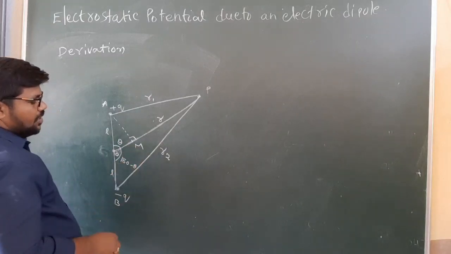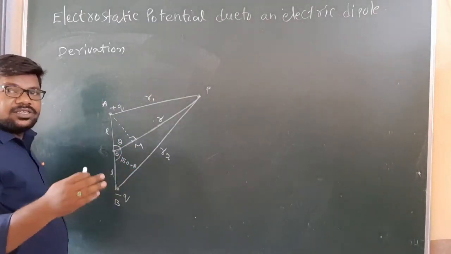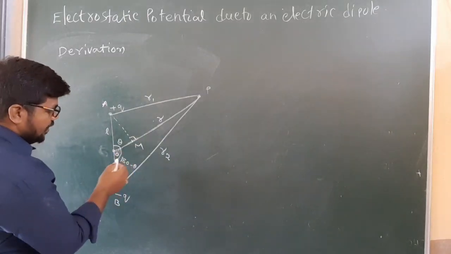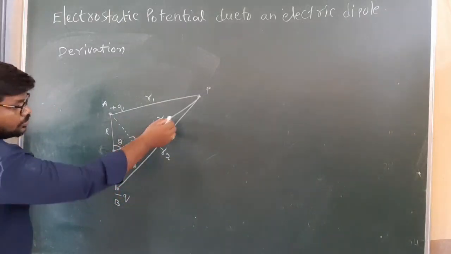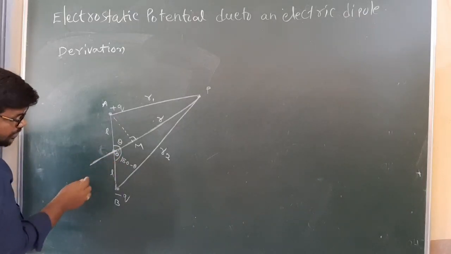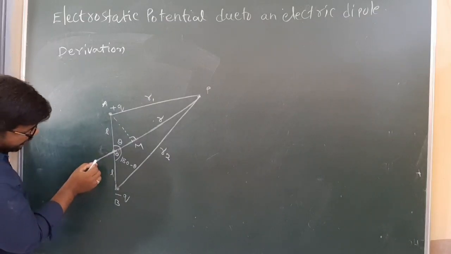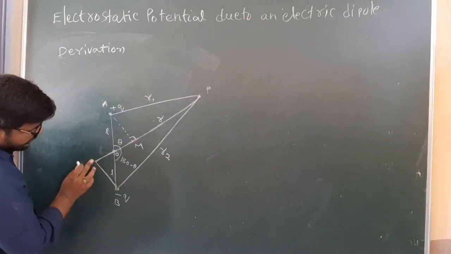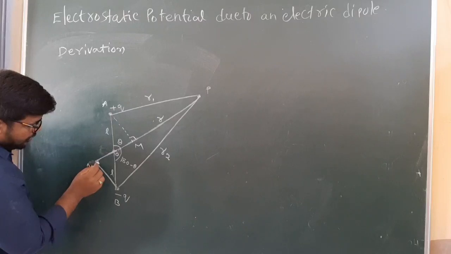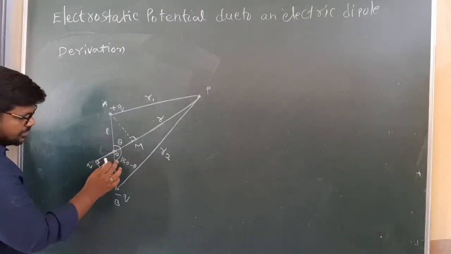This is M. And we can extend this, later you will know why we are extending this. So we can extend r, and from B we can draw the perpendicular line to the extended line, that is N. Here 90 degrees is there. It's clear.